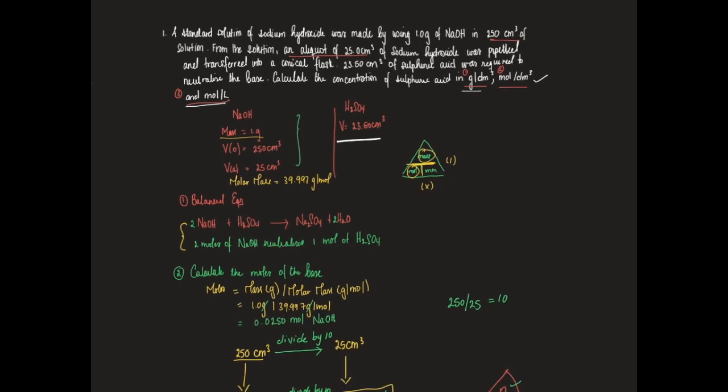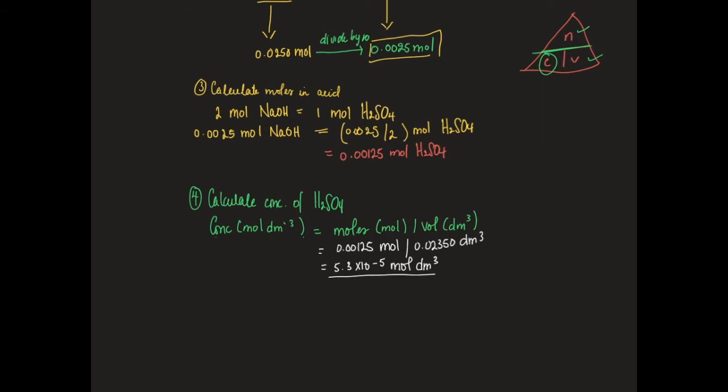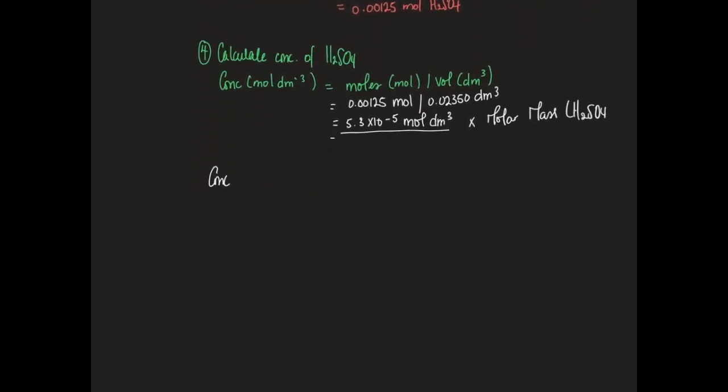So we're going to find the concentration of sulfuric acid in grams per cubic decimeter next. And all you have to do for that is multiply this value here by the molar mass of sulfuric acid. So we can say concentration in grams per cubic decimeter is equal to 5.3 by 10 to the negative 5 mole per cubic decimeter, and we're going to multiply that by 98 grams per mole.